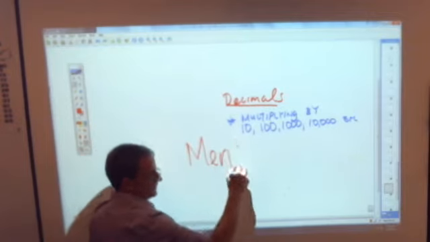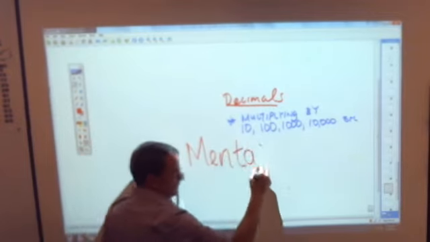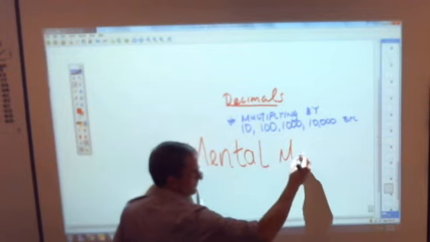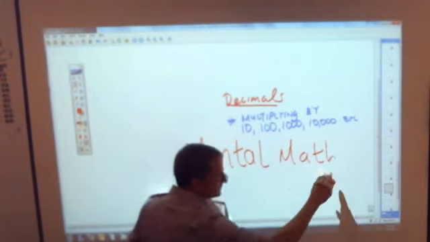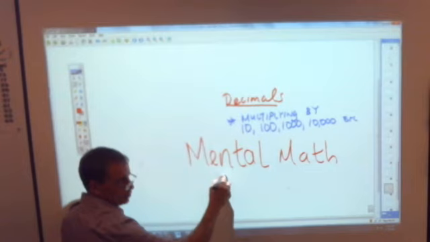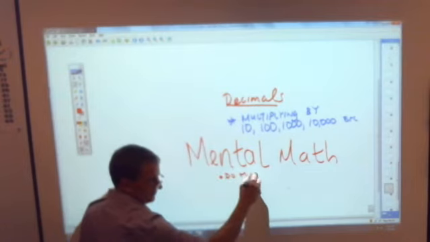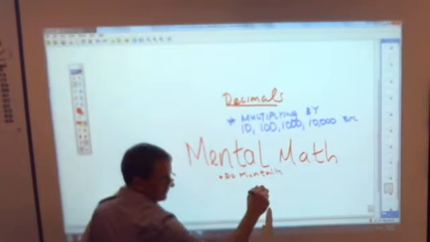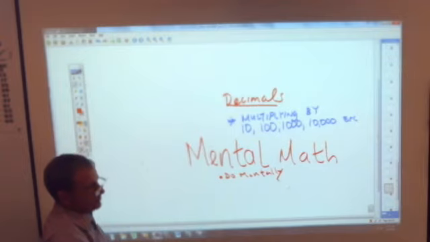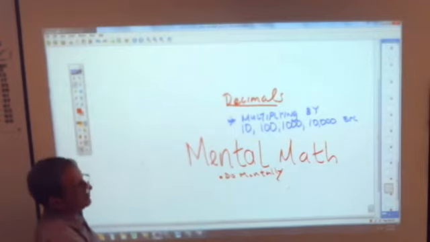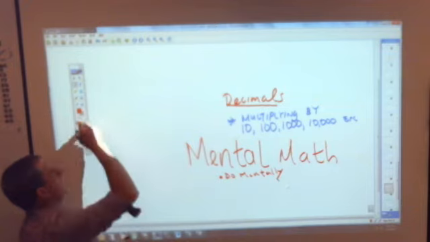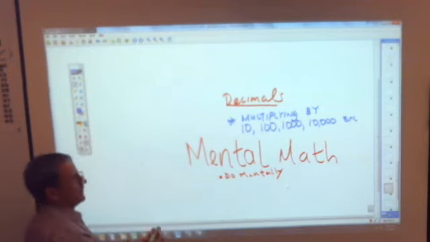Yes, this will be mental math, and you will know this because the book will say, do mentally. If you don't do it mentally, you actually stand a greater chance of getting the problem wrong because you'll get all the zeros confused. Here are our example problems, and you'll see why here.